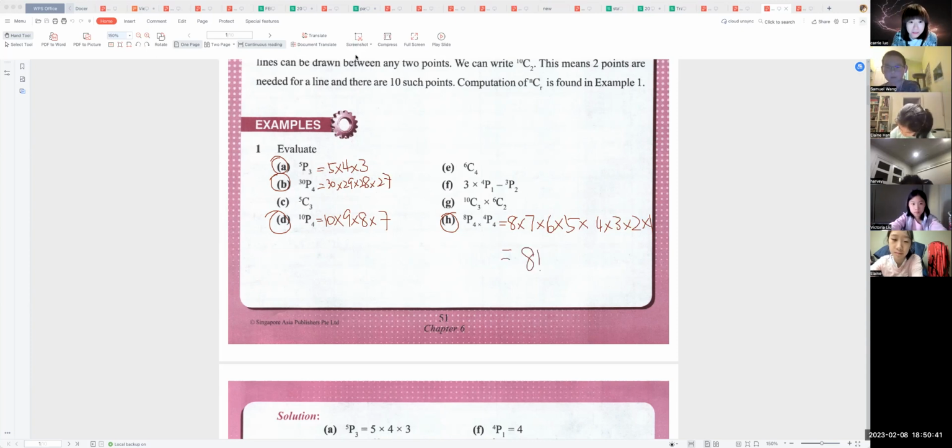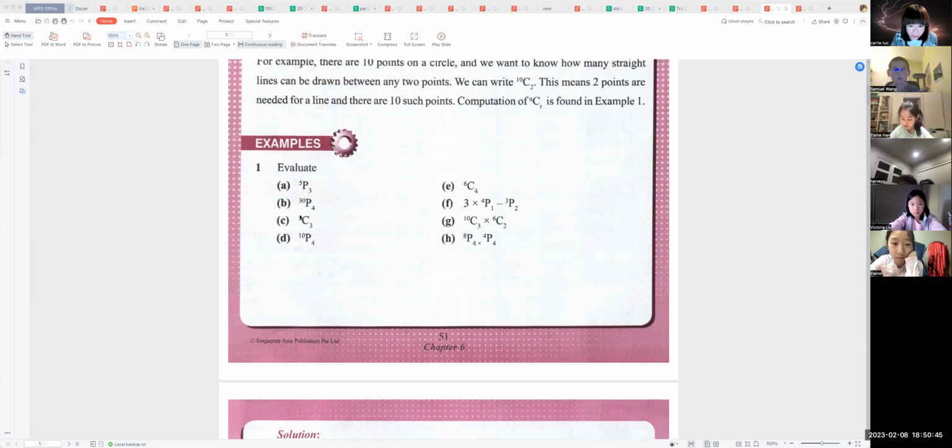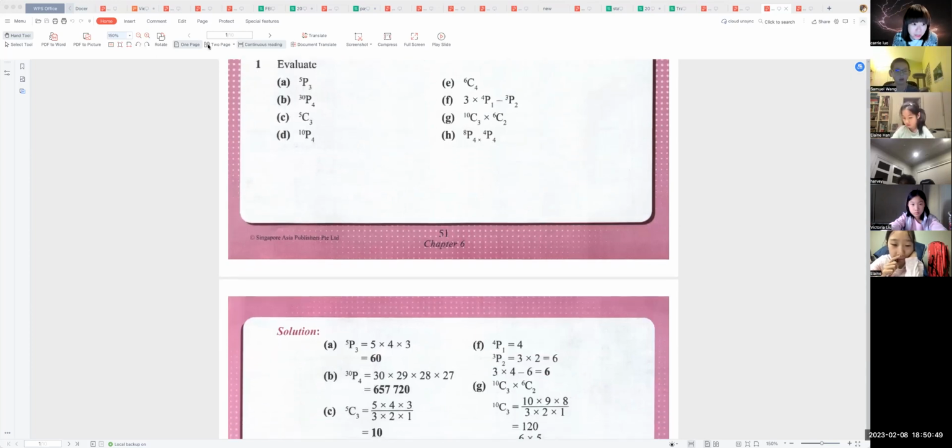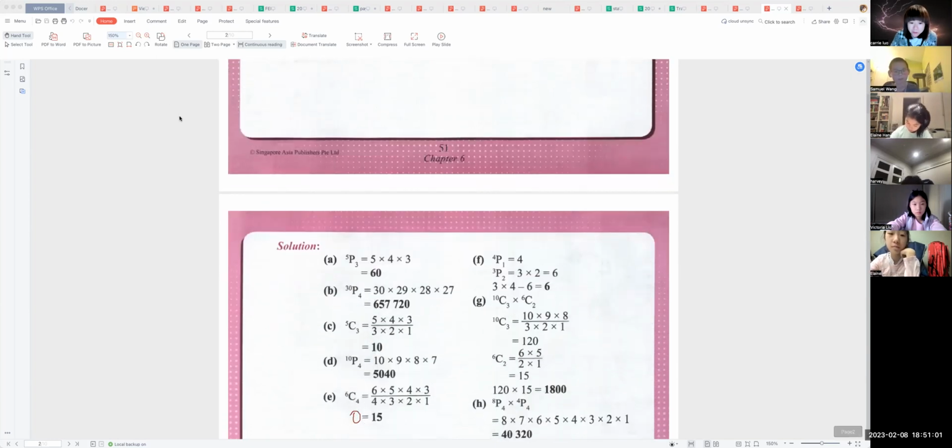Okay, so let's take a look at C. So how do we calculate C, okay? So C is almost the same as P, but the thing is, you do the same thing as P, but you need to divide it by 3 times 2 times 1. So if it is 3, this is 3 times 2 times 1. If it is 4, it's 4 times 3 times 2 times 1. Get it, everybody?